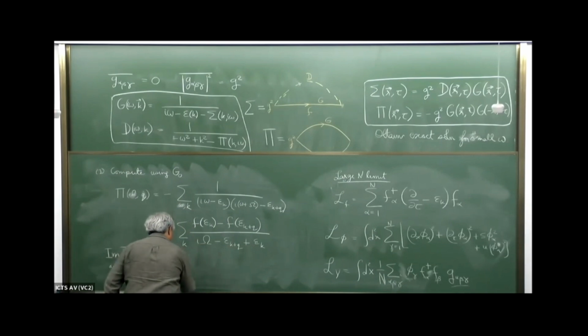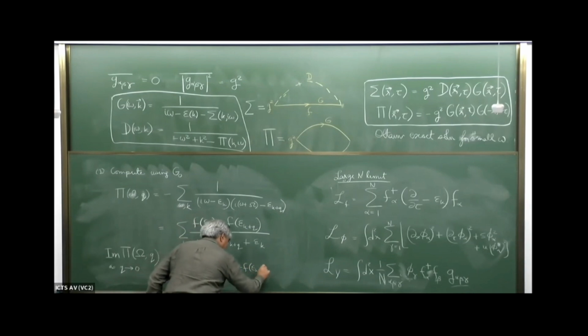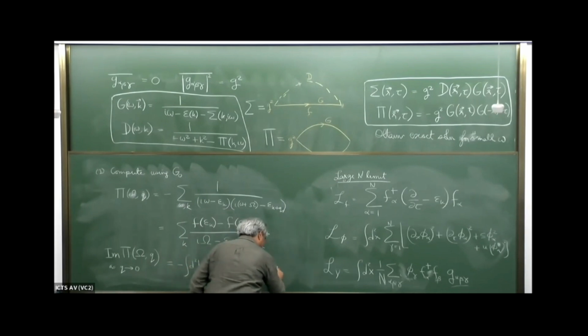And so I'll get the integral d2K of f of EK minus f of EK plus Q, and the imaginary part will give me, with a minus, but the sign is random, times delta of omega minus EK plus Q plus EK.